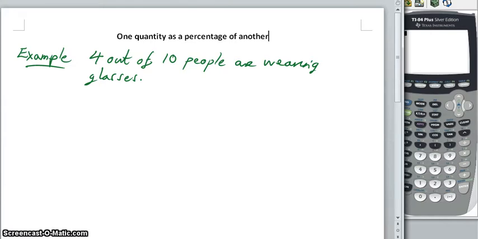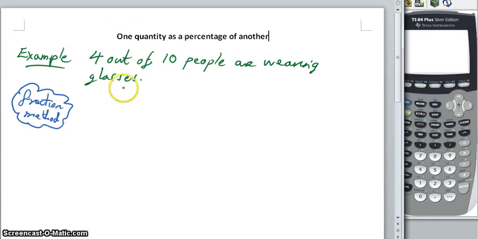Now let's have a look at different methods or different ways of doing this. We could do a simple fraction method. And what do we mean by a fraction? Well, the question itself leads into a fraction idea.